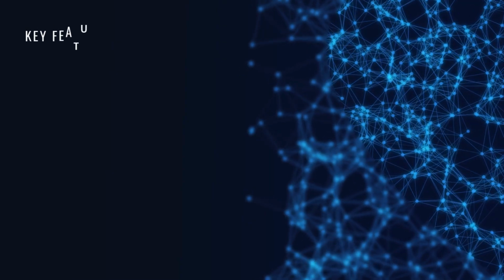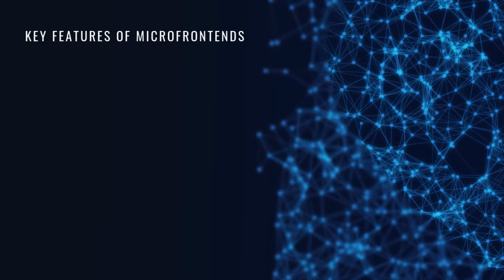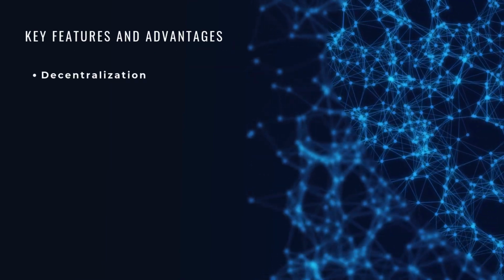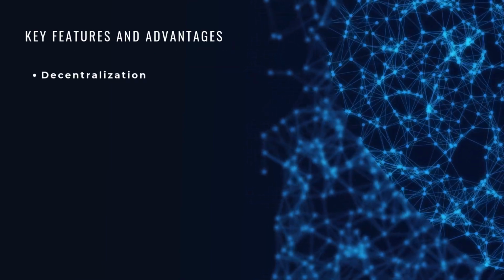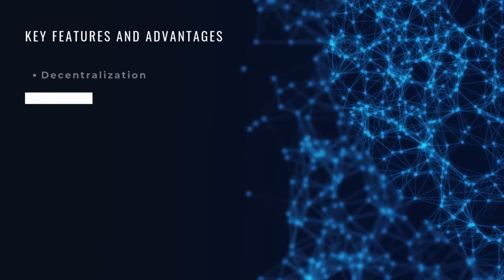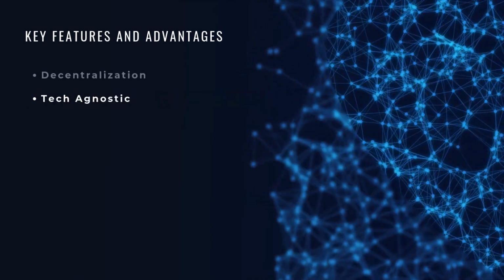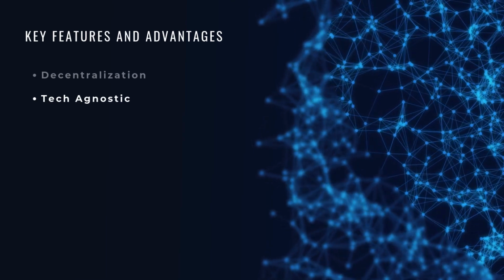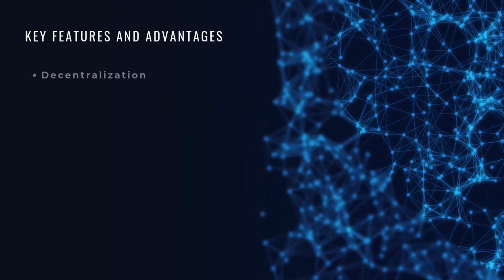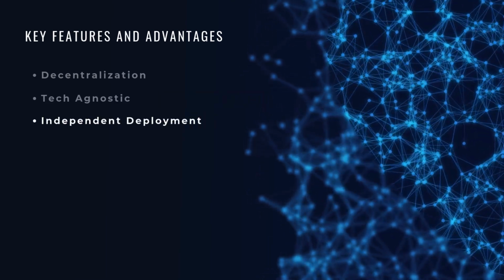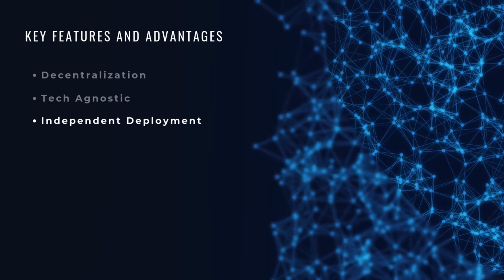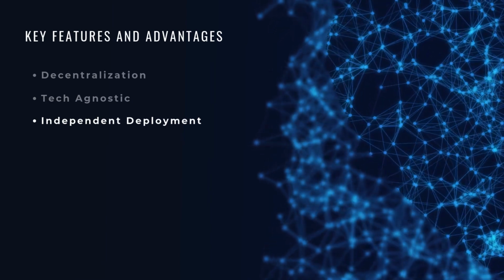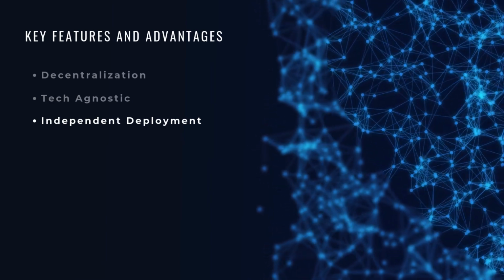The key features of microfrontends are decentralization: different teams own different frontend components. Tech agnostic: one part of your UI can be React, another can be Angular, and another can be Vue. Independent deployment: each frontend module can be updated separately without affecting other modules.